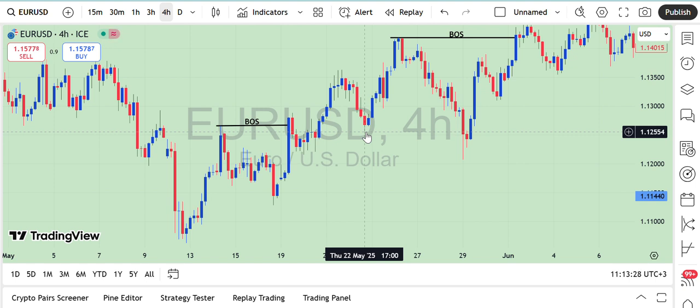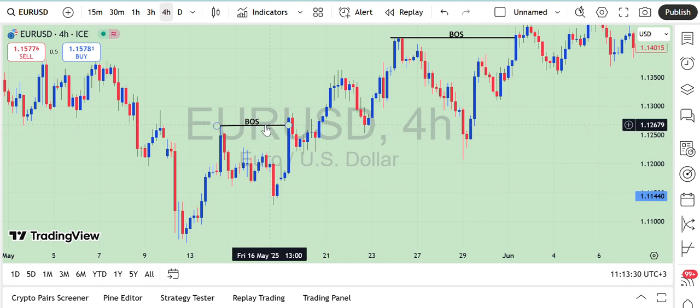And then, secondly, after the break of structure, I always look for major inducements and minor inducements. What do I mean by this? Major inducements are pullbacks that form after the break of structure. Like this one, for example.